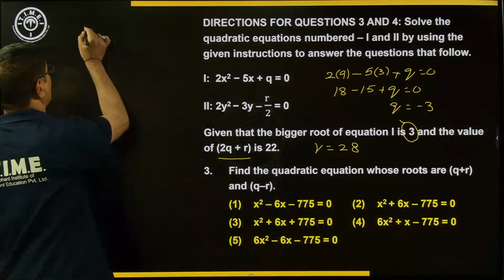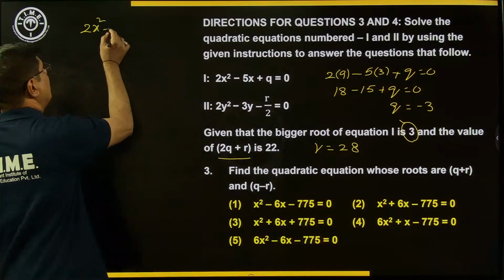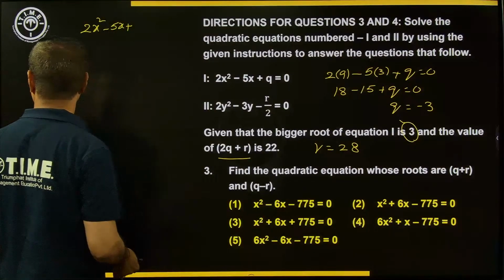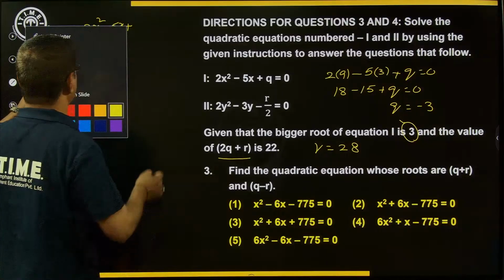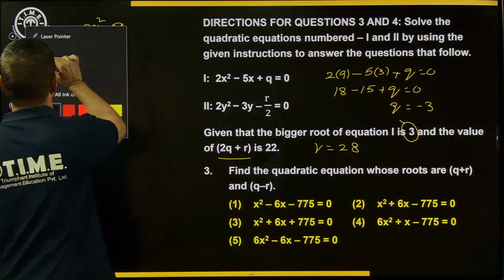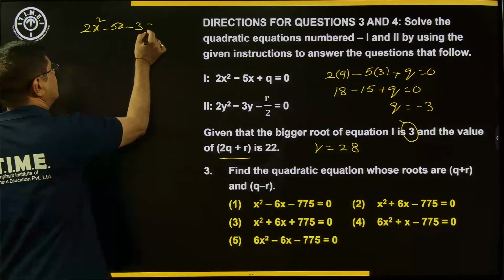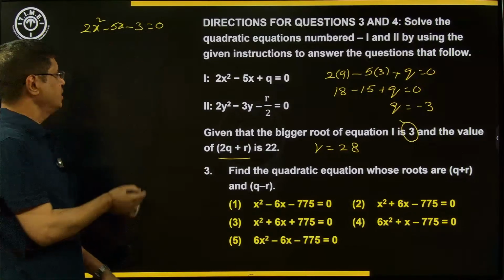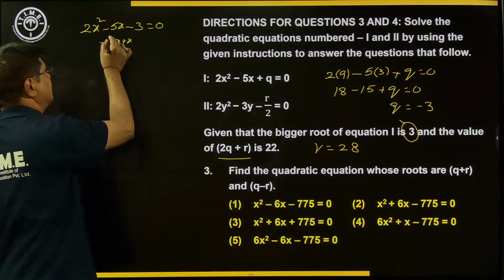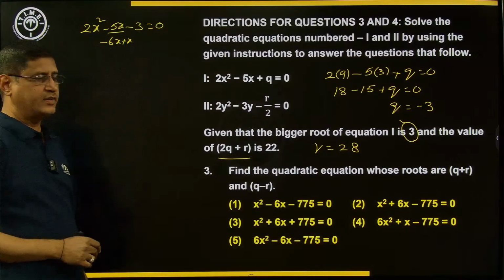Now the first equation: 2x square minus 5x plus q. What is the value of q? Q here is minus 3. So minus into plus, that is a minus. So minus 3 is equal to 0. What are the factors here? Minus 6x plus x is equal to the middle value, that is 5x.